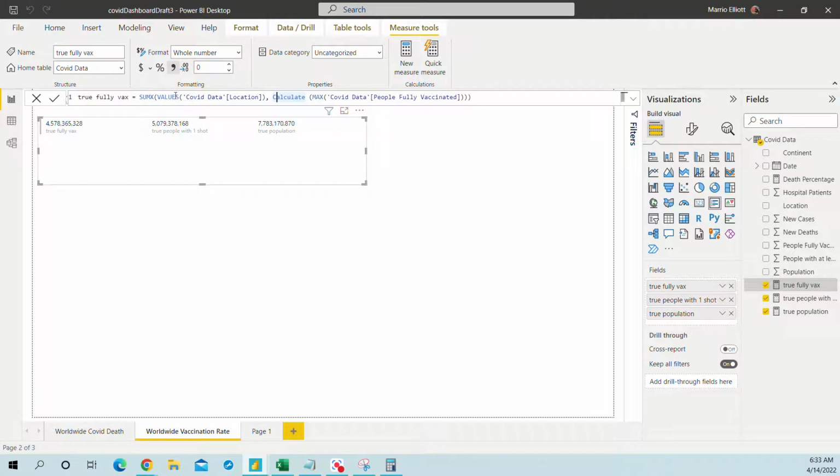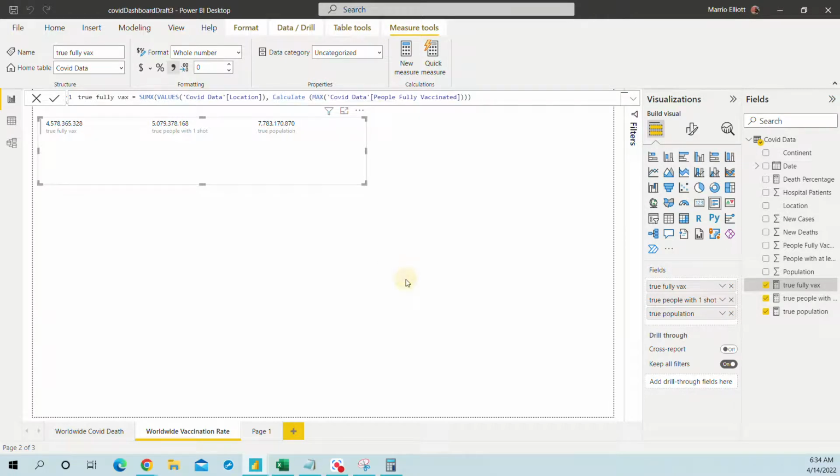So it will go to United States, one row, and the max value of people fully vaccinated would be 200,000 or 300,000, either one. And then it will add it to the sum of the calculation, so it'll add each location and max value. Sorry, I was losing my words.